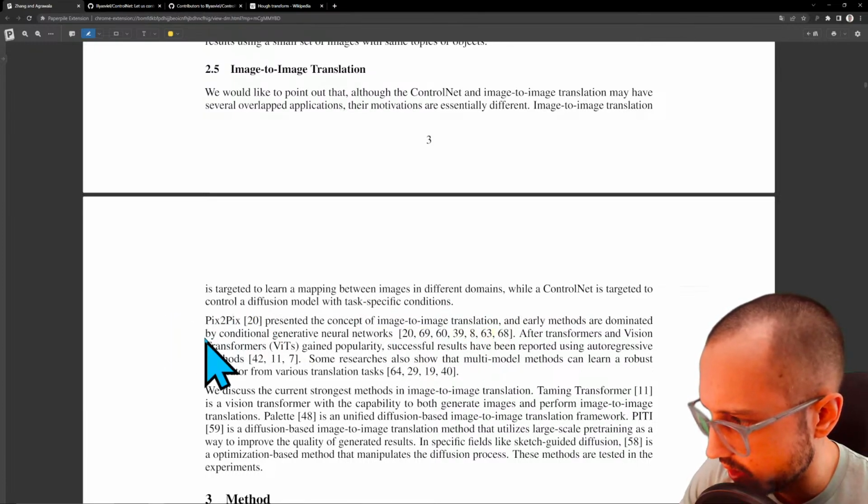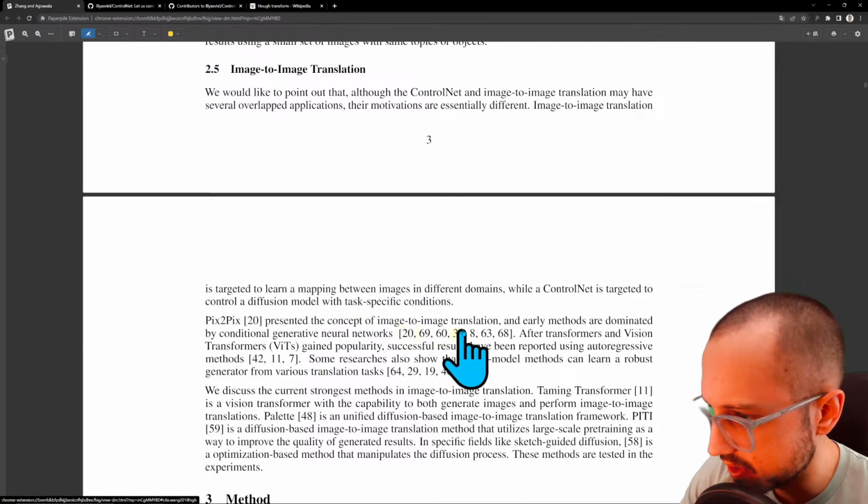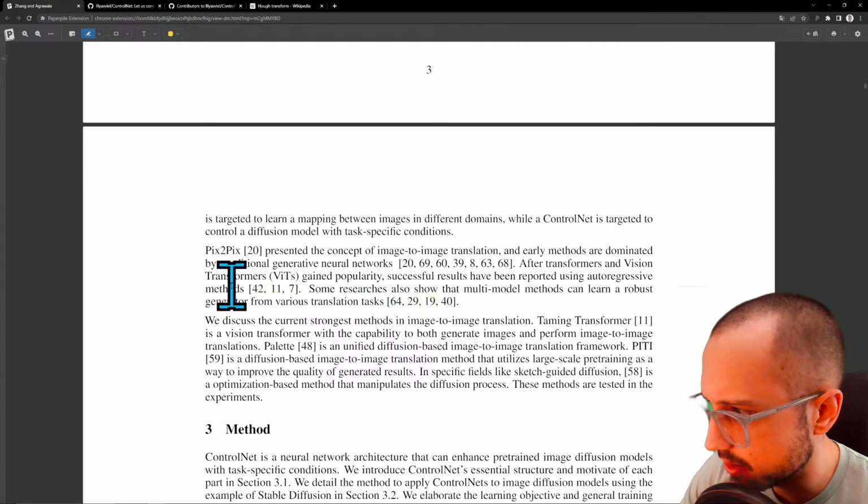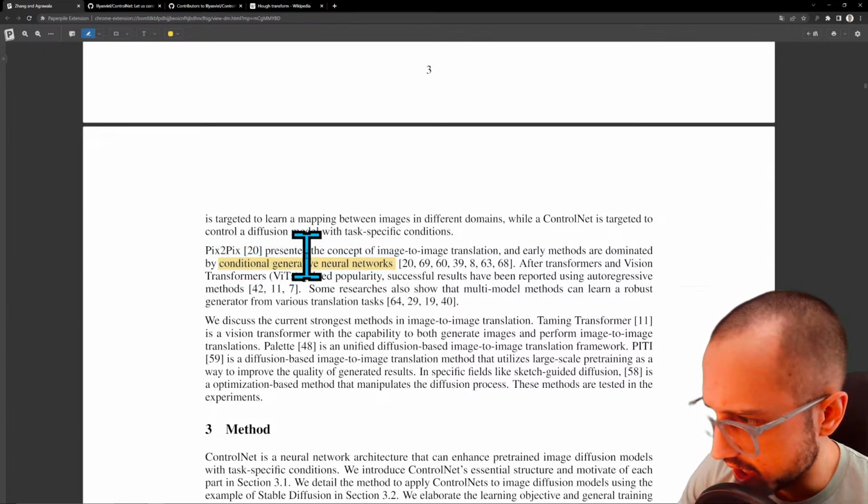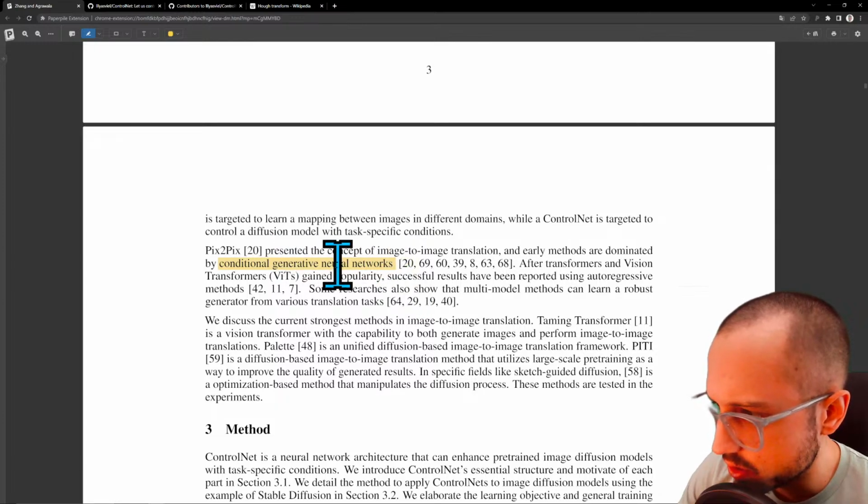Okay. Pix2Pix presented the concept of an image-to-image translation, and early methods are dominated by conditional generative networks. So again, any neural network, you can change the inputs and the outputs, right? You can basically feed it arbitrary things.